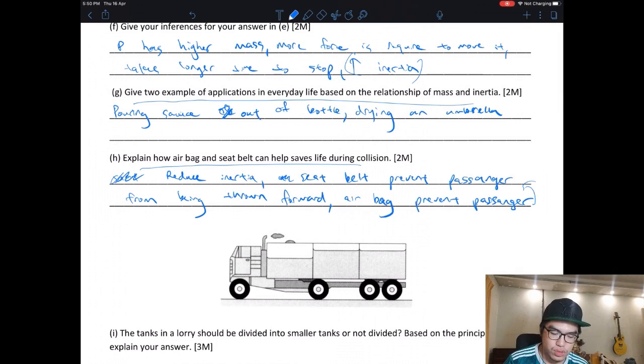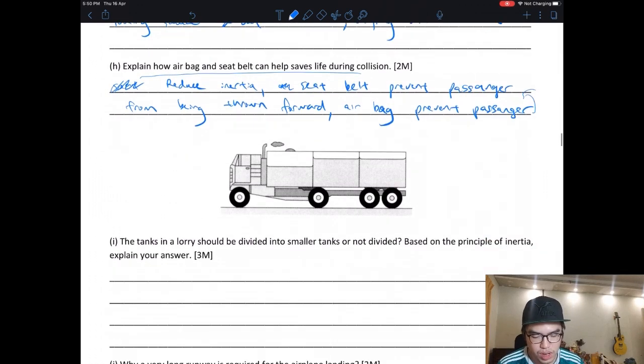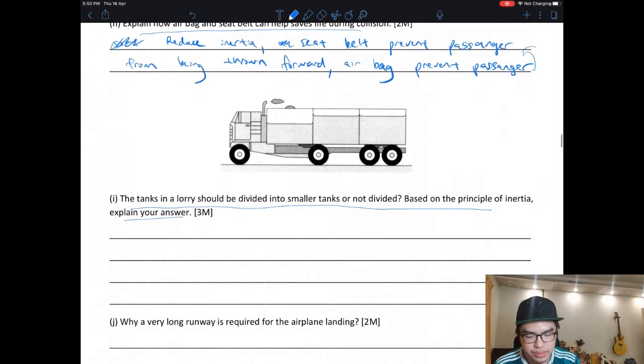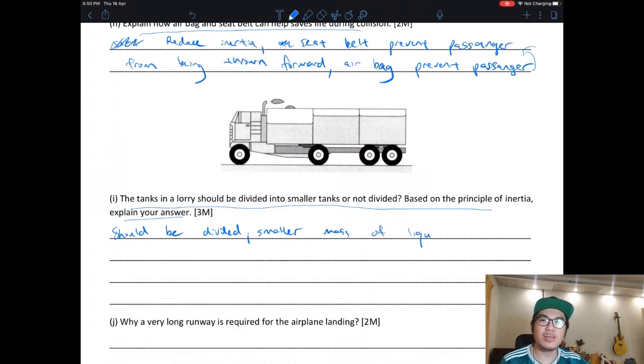So number one. Tank and lorry should be divided into smaller tanks or not divided, based on the principle of inertia. Explain the answer. They should be divided. Why? Because when you divide the liquid, there is a smaller mass of liquid. Instead of sloshing around like this, now you have 3 chambers, not combined together.